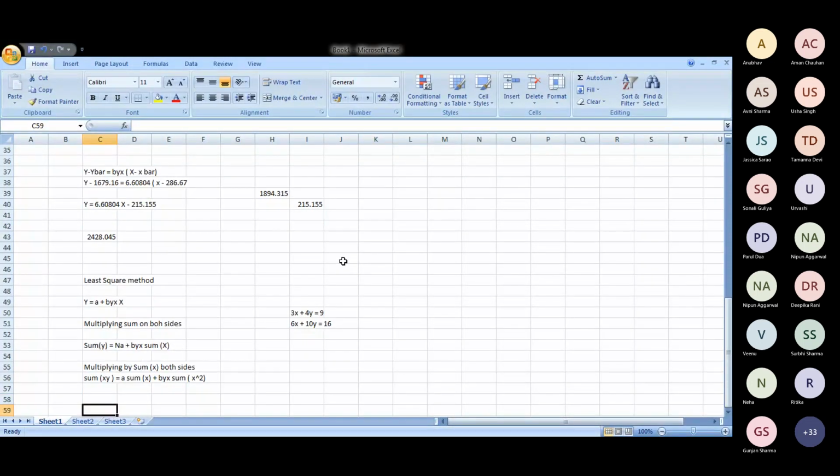So this becomes your second equation. Clear? Now you can solve these two equations to find the values of a and byx. So that is the least square method.